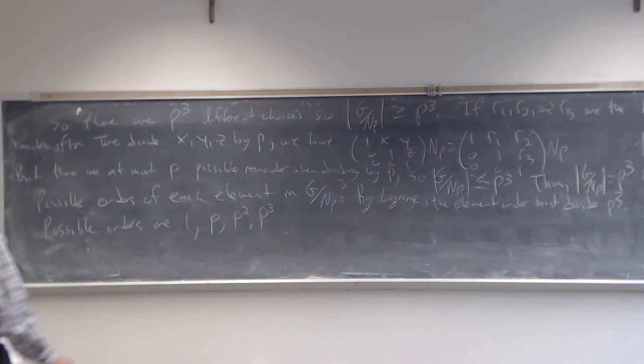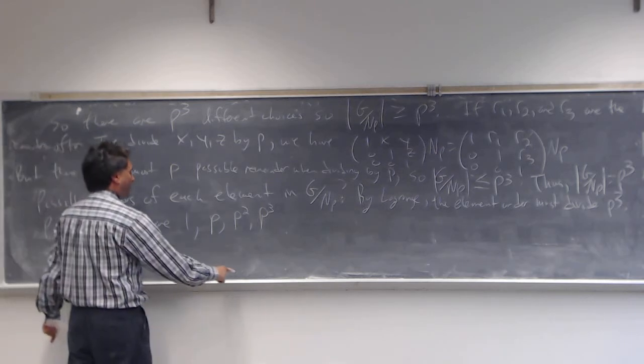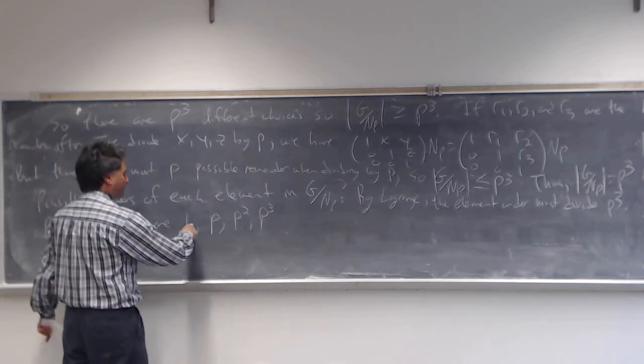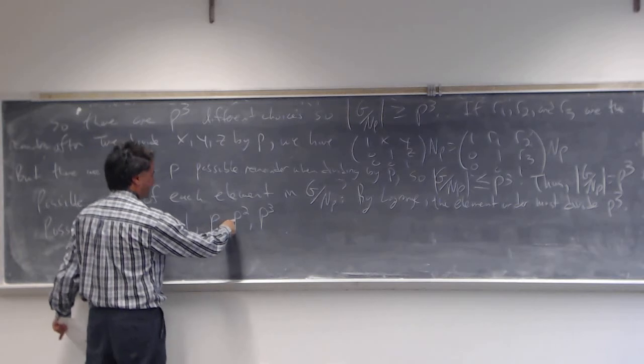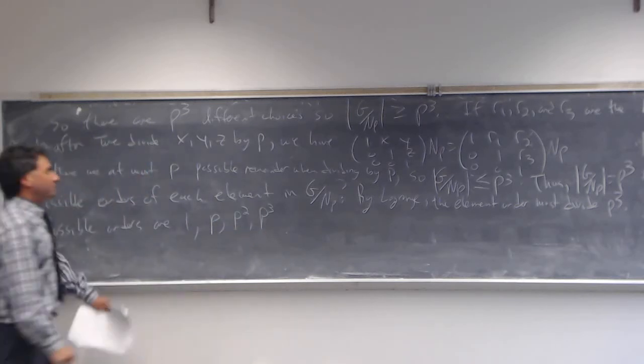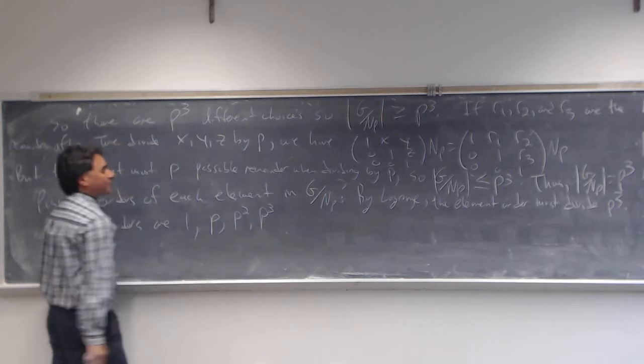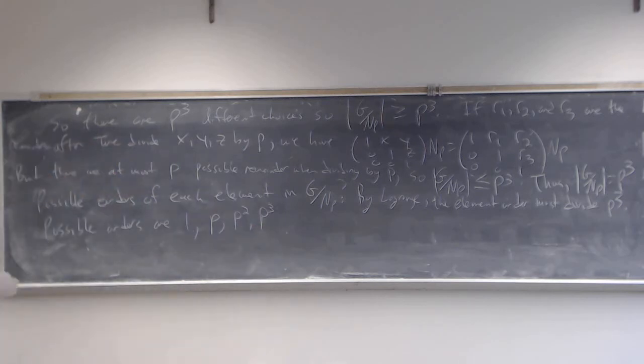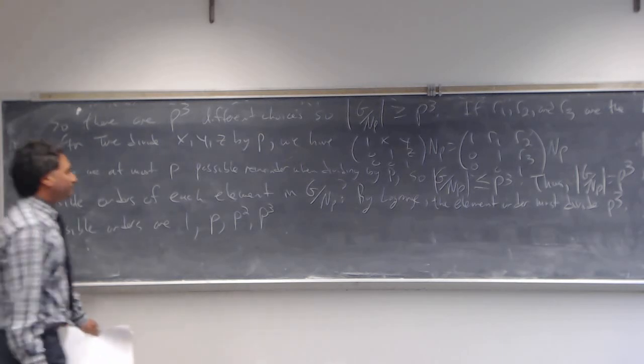Certainly the divisors of 64 are not just 1, 4, 16, and 64, because 4 is not a prime. If p is a prime, though, the only possible divisors of p cubed are 1, p, p squared, and p cubed.